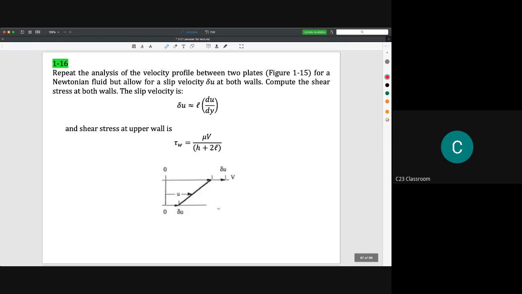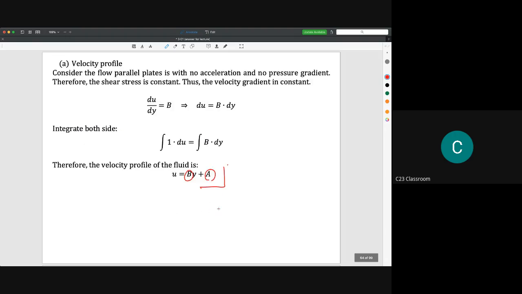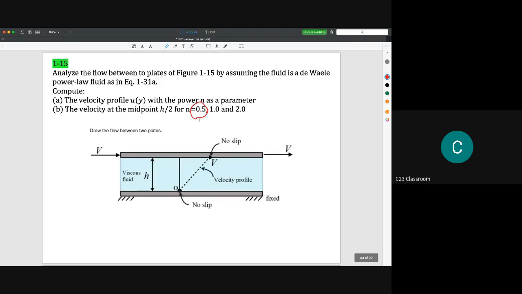In this question, it asks about n = 0.5, 1.0, and 2.0. I will answer that in the later equation, because the later question starts with the proper question.